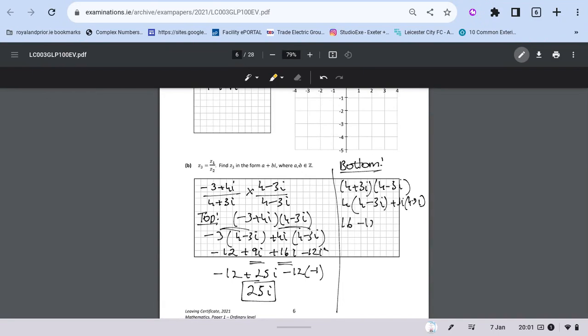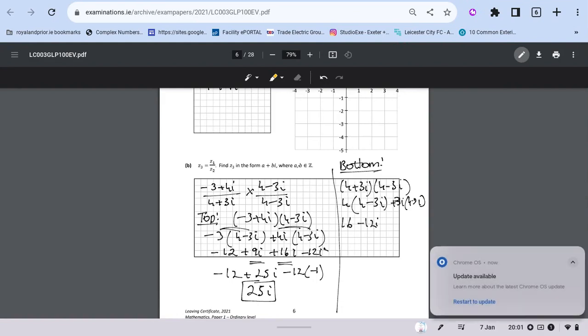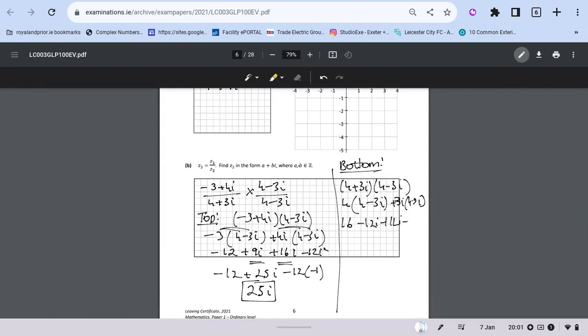So 16 minus 12i, plus 12i, and minus 9i squared. Tidy that up, my two i terms go, as you can see there. So I've got 16 minus 9, and i squared is minus 1. So 16 plus 9, which is 25. That was my bottom. Now I put them both together.